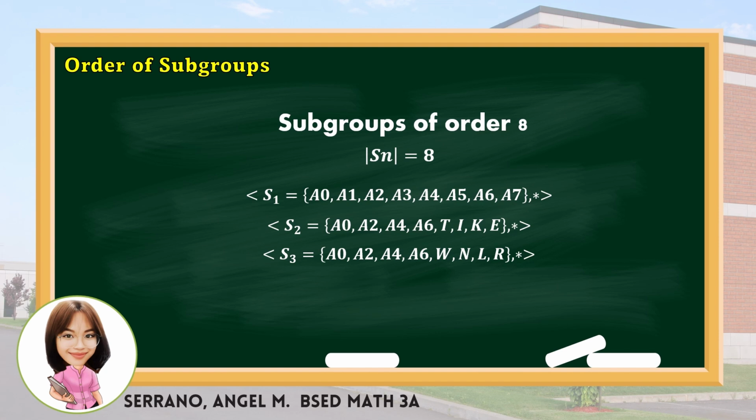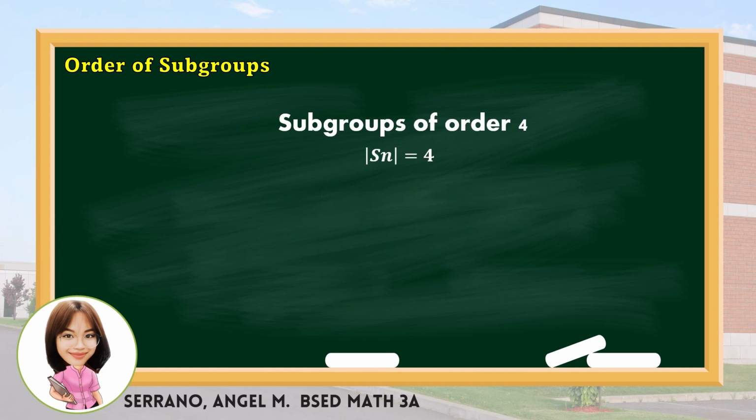These are all the subgroups of order 8 since all of these subgroups contain a total of 8 elements. Next, we have the subgroups of order 4, and these are the group S sub 4 containing the elements A0, A2, A4, A6 under binary operation star. Then we have the group S sub 5 containing the elements A0, A4, T, K under binary operation star.